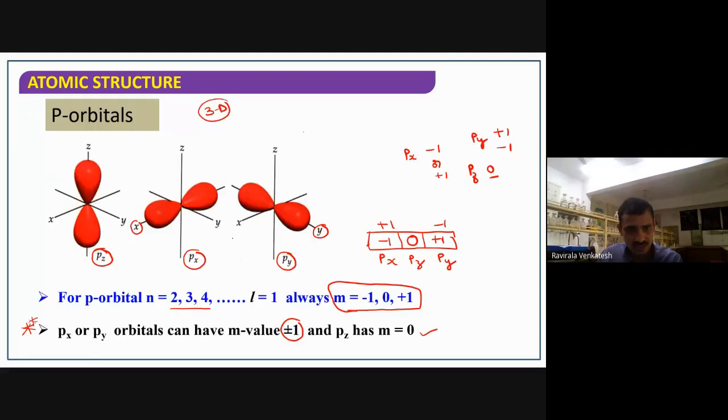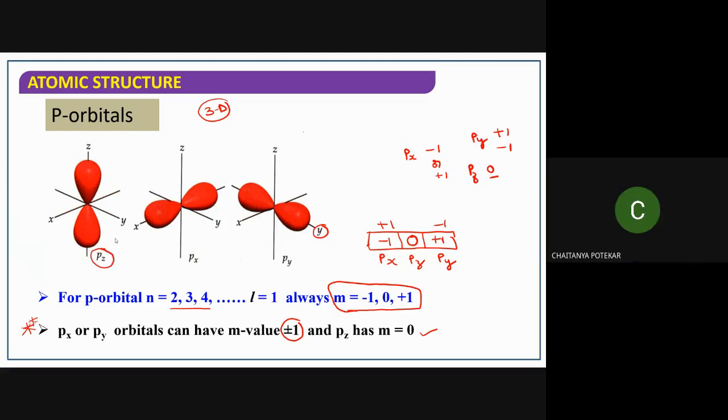I didn't understand direction here. Have you observed, beta? On the y-axis, are you observing any orbital for this pz orbital? Are you observing any electrons on the x-axis and y-axis? No, sir.